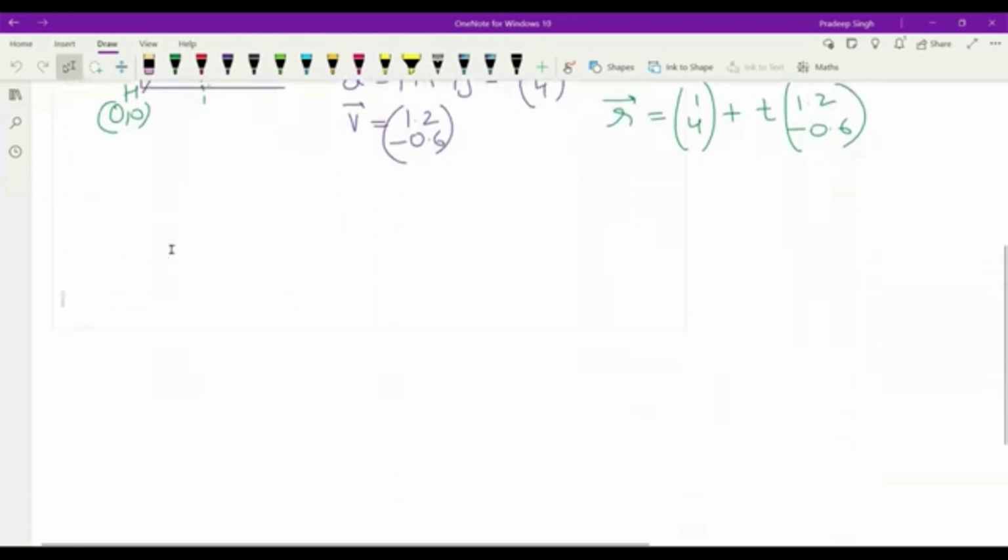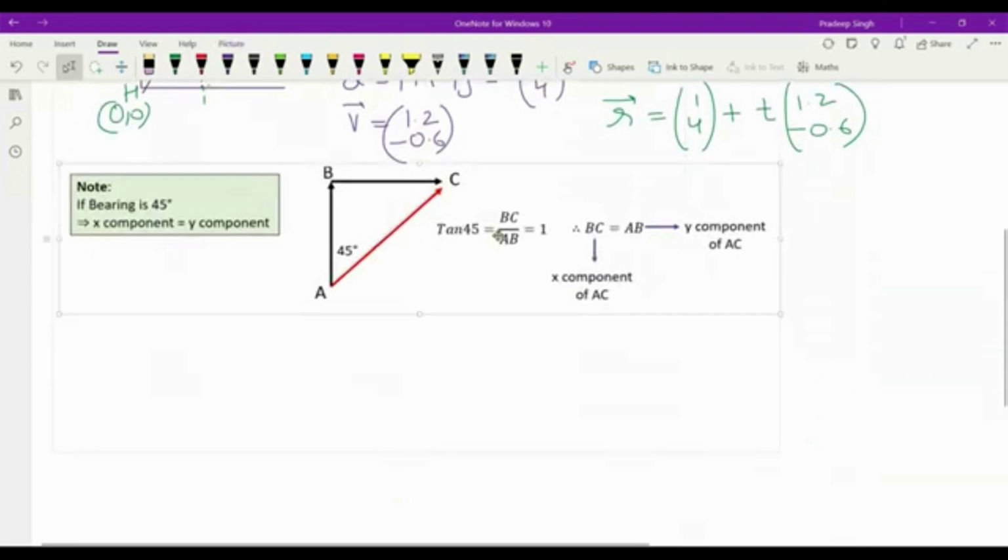So let us understand the concept of bearing when the angle is 45 degrees. So have a look. If the bearing is 45 degrees, that means the angle with the north is 45 degrees. Here, consider point B as the north. Whenever the angle is 45 degrees, consider this right angle triangle, tan 45 will be opposite upon adjacent.